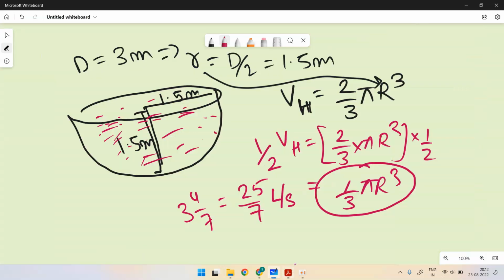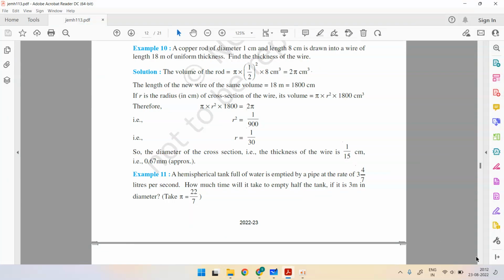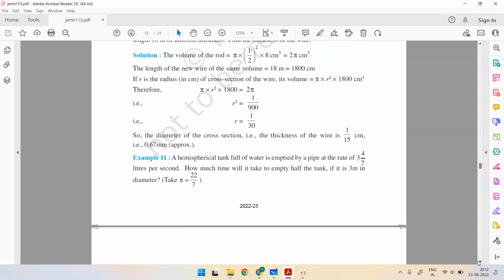And this is in meters. This is in meter cube. R is in meter, so R cube will be in meter cube.